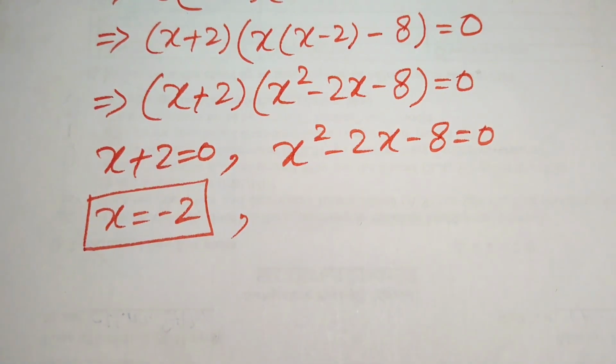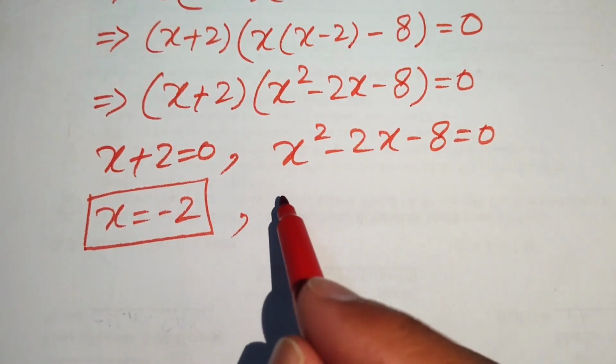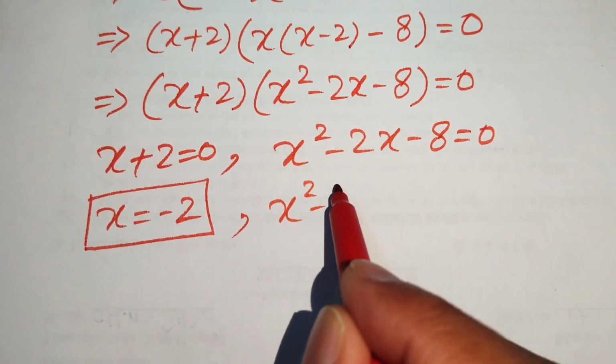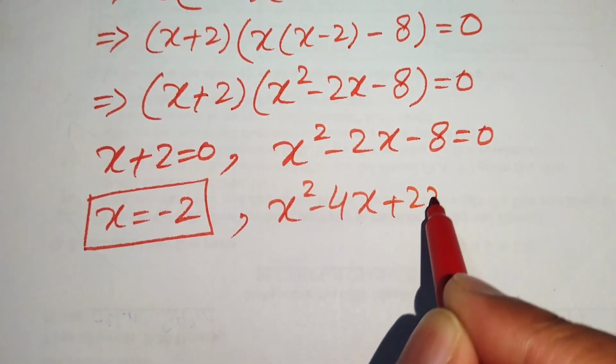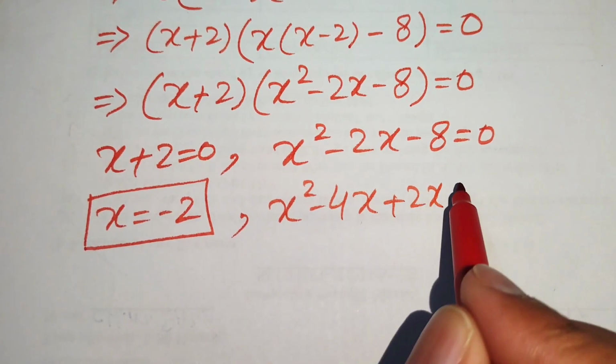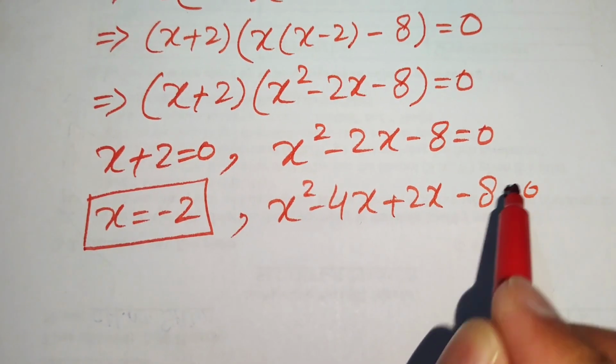Here we again make the factors of this equation. We need two numbers whose product is minus 8 and whose sum is minus 2, and these numbers are minus 4x and plus 2x. Minus 4 plus 2 becomes minus 2, and minus 4 times 2 becomes minus 8, equals 0.